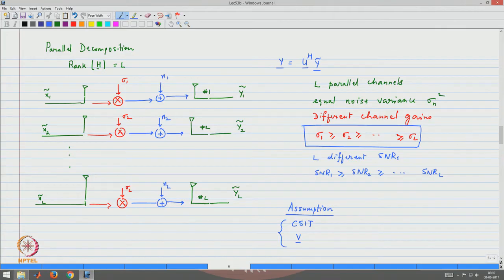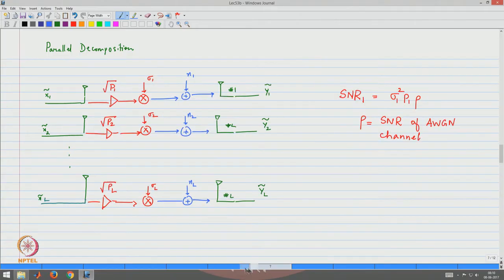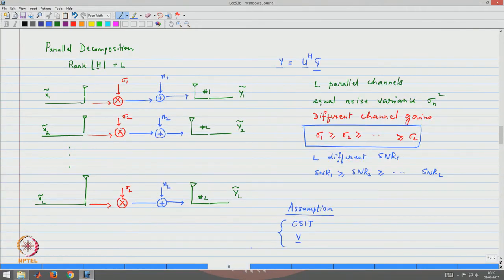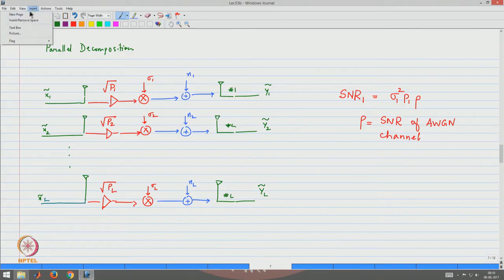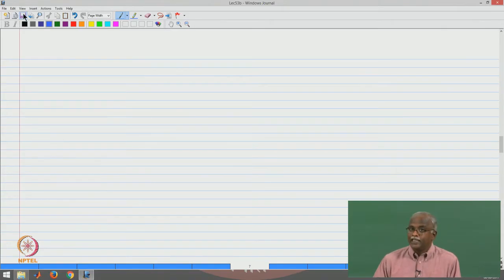So SNR 1 is greater than or equal to SNR 2, and so on. So this is our basic expression. What we would like to do now is to build on this, in terms of the developments that we would like to describe.